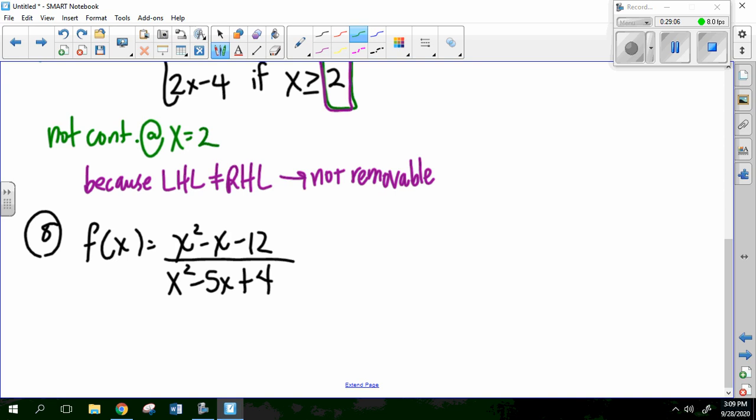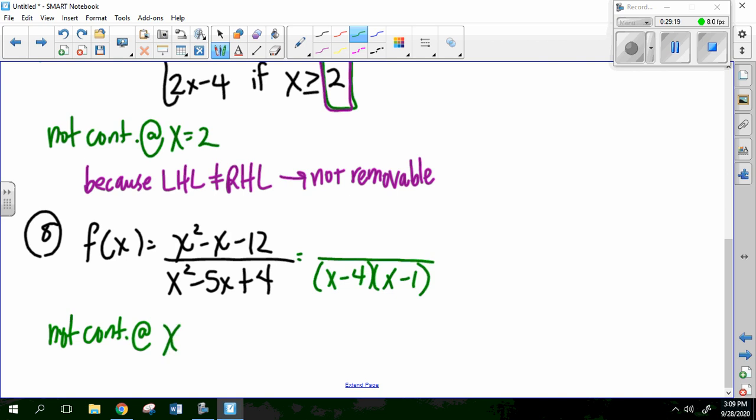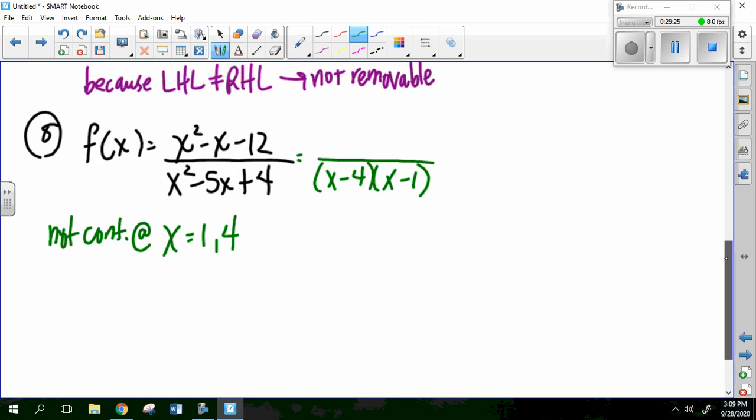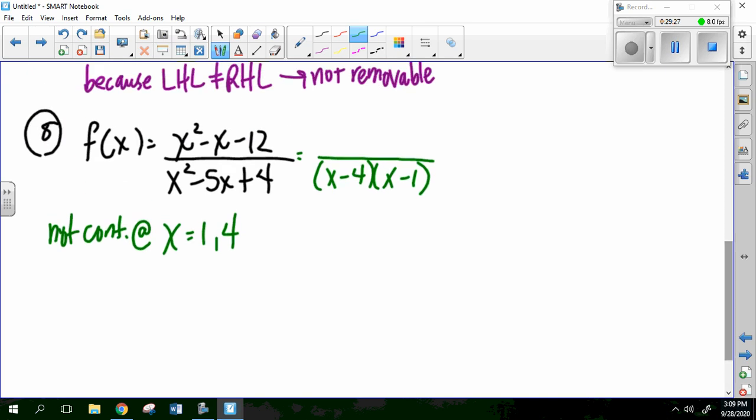So remember, if we're doing continuity, we know it's not continuous wherever the bottom equals 0. So you are going to have to factor that bottom again. And so we know that this thing is not continuous at x equals 1 and 4. But then I want to know if those are removable or not.